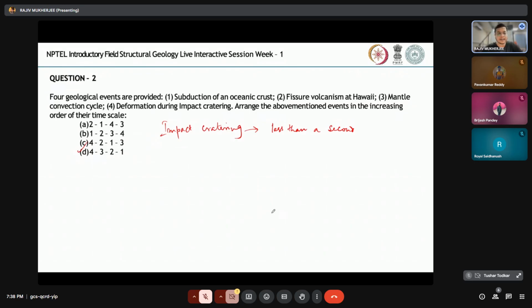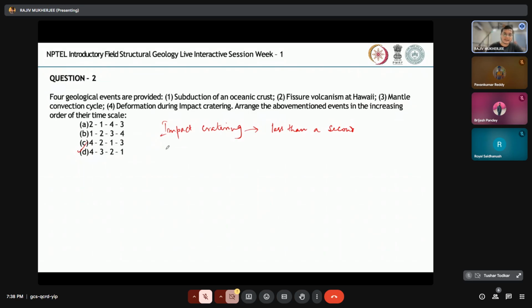Huge pressure and huge temperature within just a fraction of a second. And all the quartz that we see gets transformed instantaneously to coesite, a high pressure temperature phase, and that stays in that phase because all of the elastic energy is being emitted so fast due to the rise in temperature and pressure. So that takes less than a second.